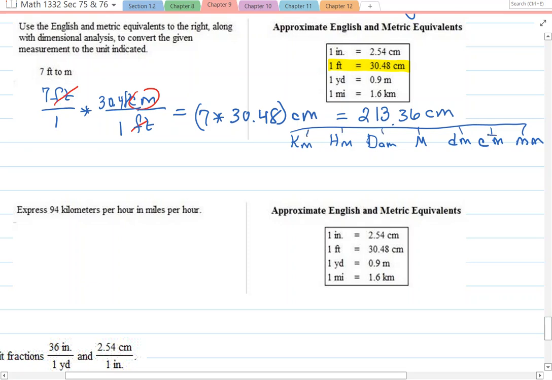And we are at centimeters, and we want to go to meters because I need it in meters. So I'm going to go 1, 2. And that means I take my answer and go to the left 1, 2.